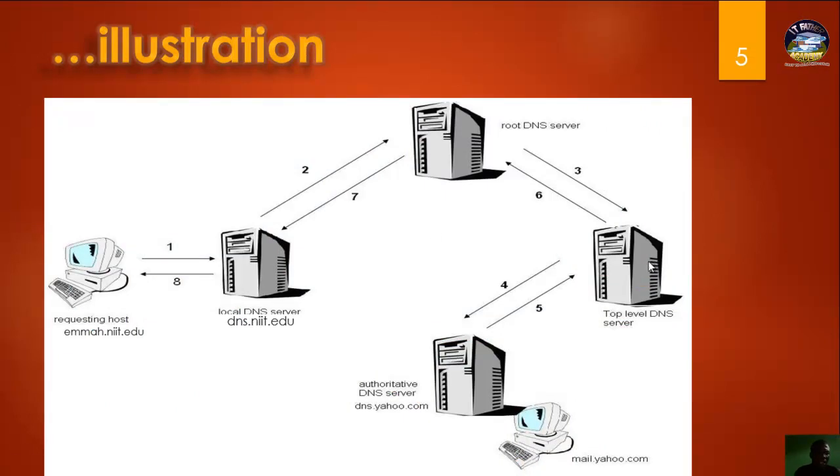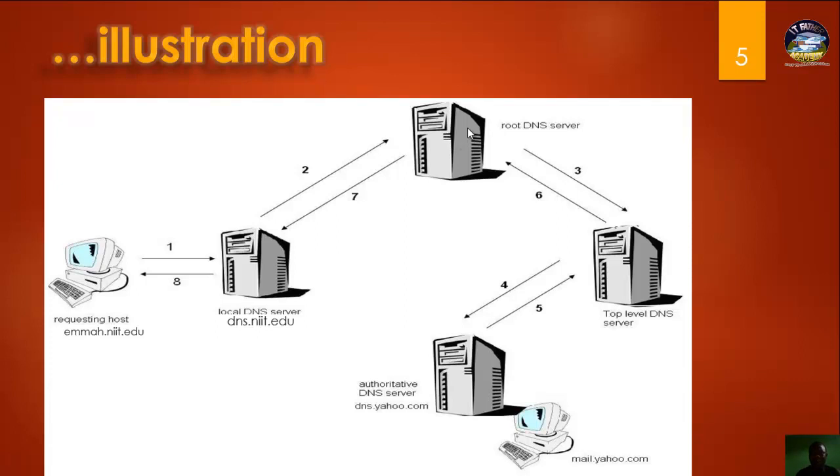Alright, so this was the illustration. You see here we have the requesting host, that's yima.nit.edu, and the local DNS server dns.nit.edu. The host requests from the local DNS server, which forwards the request to the root DNS server.